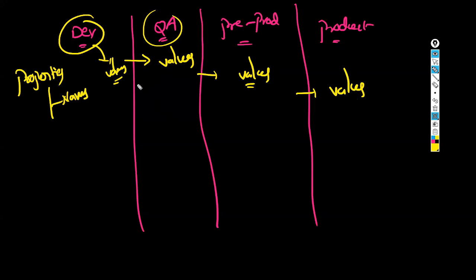We need to create different property files to pass the values according to that environment. Dev environment is there, testing environment is there, pre-prod is there, and the last one, final, is production. For this we need to pass only values. These values are automatically bound to the particular environment's properties.